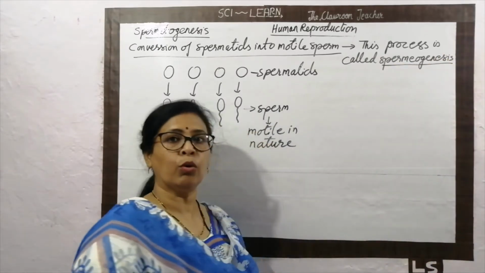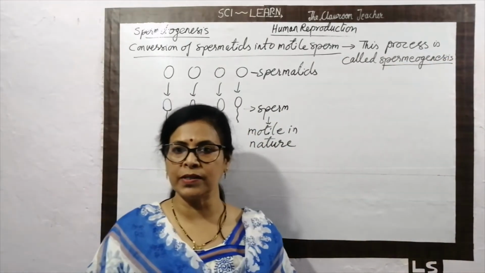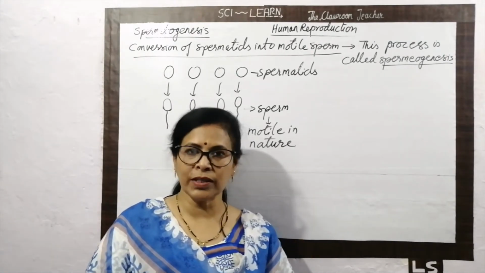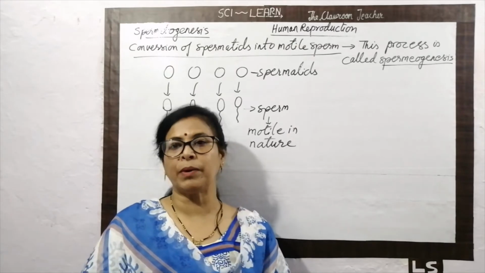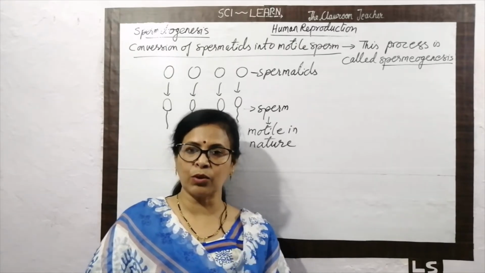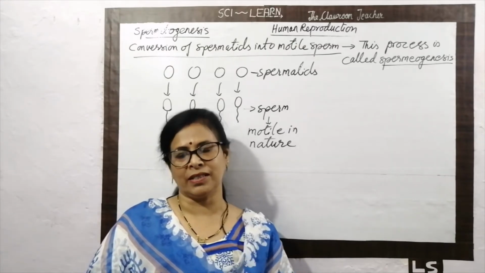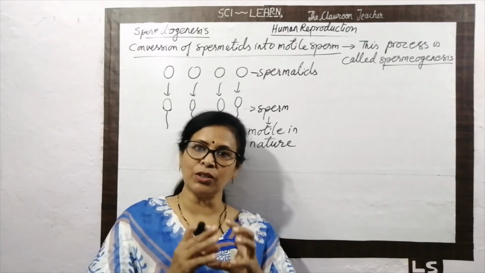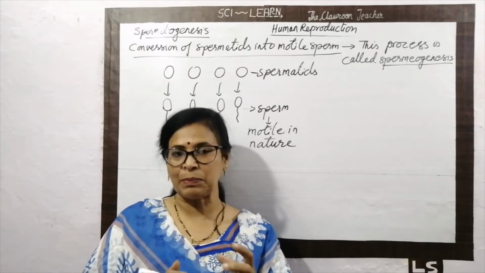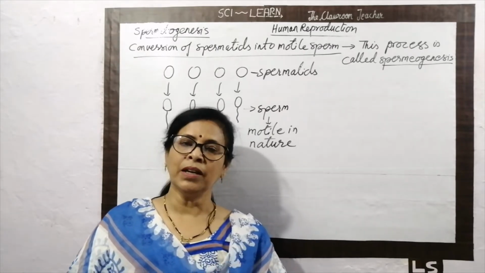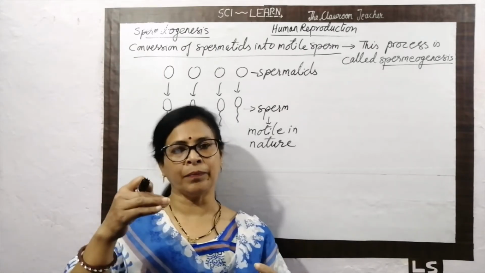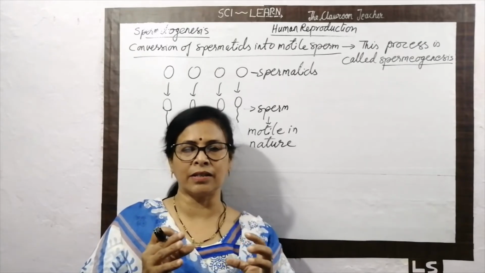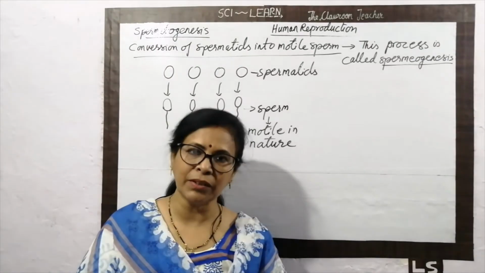In the complete process of spermatogenesis, there are three important steps. One is the formation of spermatids, and the second step is spermiogenesis. Spermiogenesis is an important step because the sperm is embedded in the seminiferous tubule itself, inside the Sertoli cells present in the seminiferous tubule.